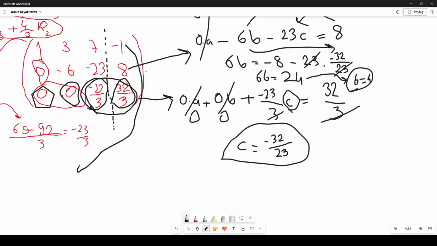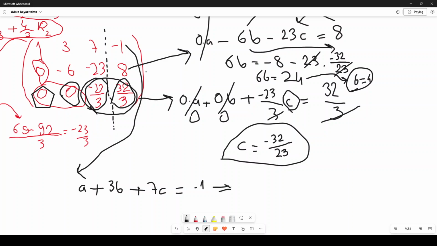Now I move one step above to the top row, and in the top row I have A. I substitute the values back because these are the coefficients of A, B, C. The first three values are the coefficients of the first equation, and the last value is the right hand side value. So I got A plus 3B plus 7C is equal to minus 1.